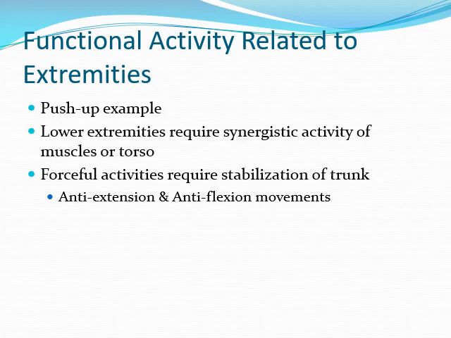There's also anti-flexion movements. Anti-flexion movements would be anything where you're pulling. Anytime you're functionally pulling something, your back and hip extensors should be working in an anti-flexion manner so that you don't end up putting yourself in a flexion posture when you're actually pulling something. So pushing: abdominals and hip flexors for anti-extension; pulling: back and hip extensors for anti-flexion.